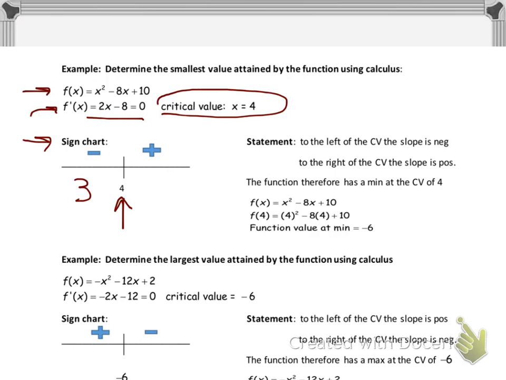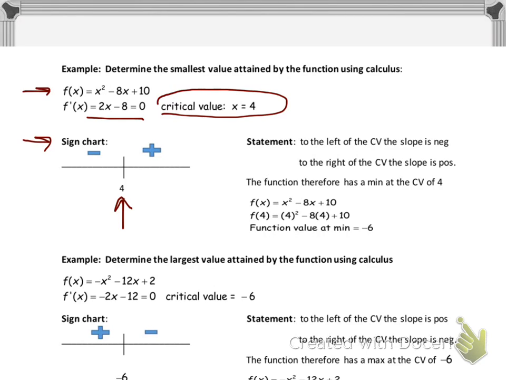Then pick a number to the right of 4. What I'm doing is I'm seeing how the slope is changing. Okay, so the right of 4, I pick a number like 5. I'm going to get a positive value. So I'm going to erase that 3 for a second, and I'm going to do a little sketch of what my function is looking like.